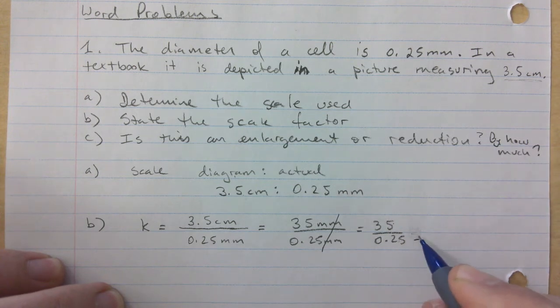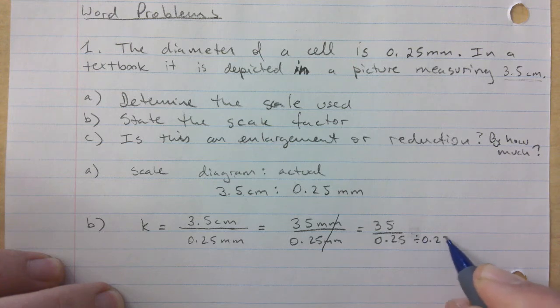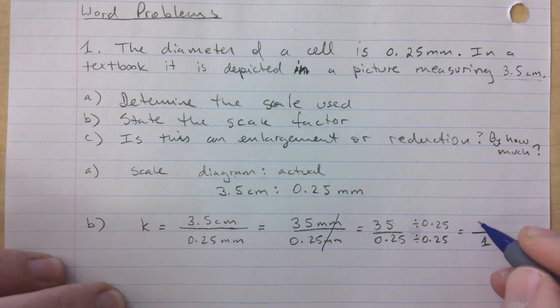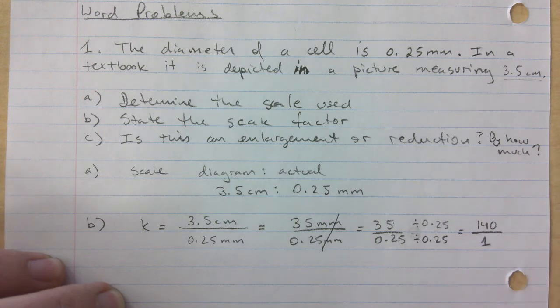You almost want a unit rate. So you divide the bottom by 0.25, you divide the top by 0.25, and obviously you're going to get a 1 in the denominator, and you're going to get 140 in the numerator, which is just 140.